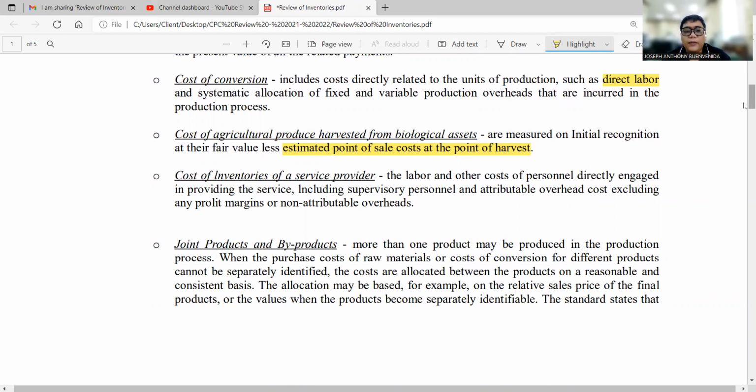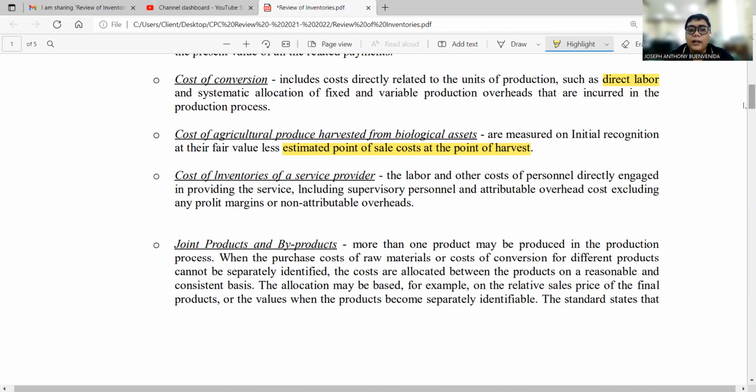When we say a joint product, it is not the primary product you produce, but the moment you process the primary product, it coexists and has the same importance as the primary product.